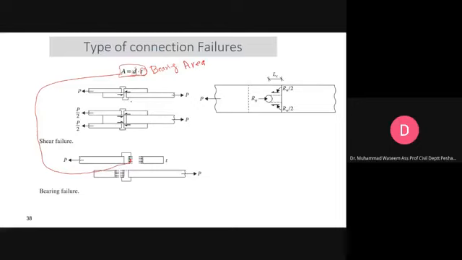Now this is showing the bolt failure in a single shear type. This is single shear, this is double shear, this is a lap joint, this is a butt joint, this is a bearing failure of the joint. Now this is explaining the tearing failure. There is a specified distance from the edge to the centroid, and we call Rn what?